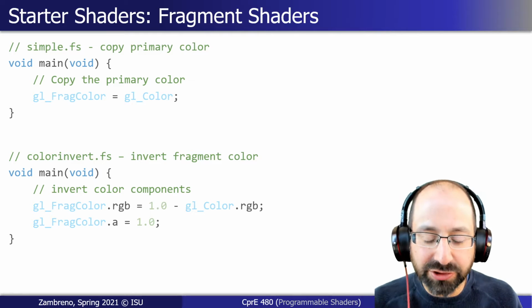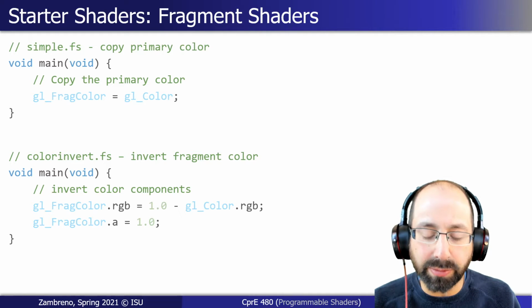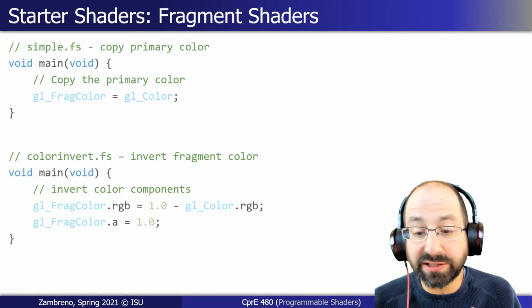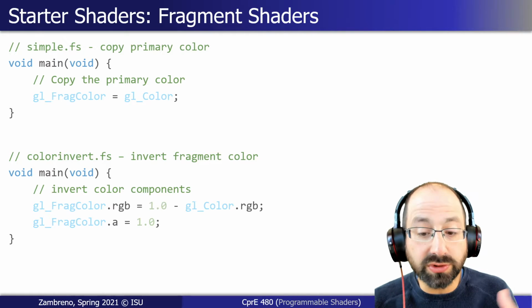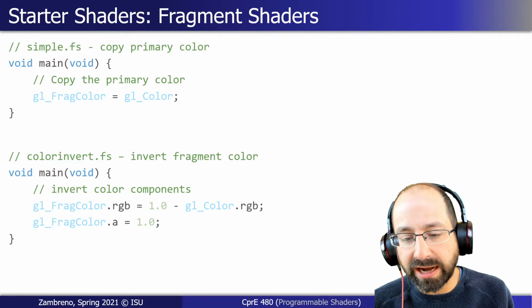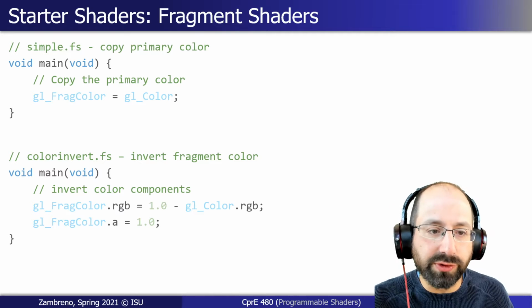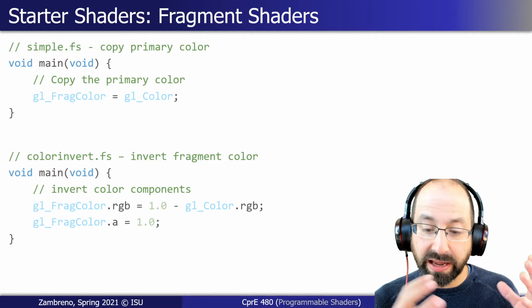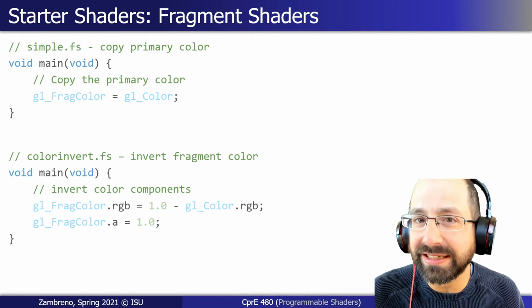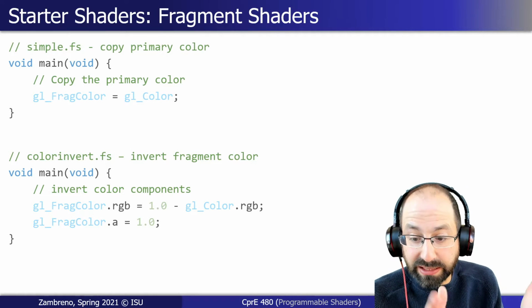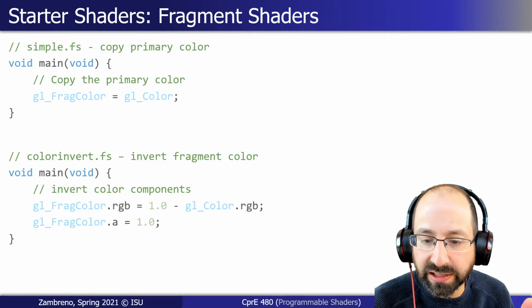We refer to fragment shaders as being more expensive from a performance perspective in the sense that there's just more input, right? There's almost always going to be more fragments, and significantly more than there are vertices for a given scene. Because we have a triangle that's only three vertices, but that could be potentially thousands, millions of fragments associated with it.